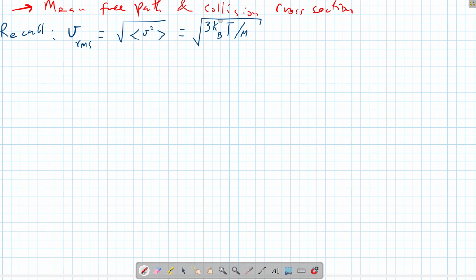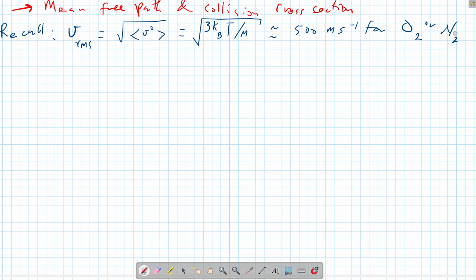You can compute this to see that it's approximately a huge thing relative to the speeds we're used to. This is about 500 meters per second for a nitrogen or oxygen molecule.